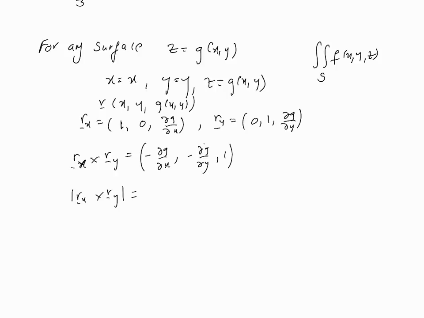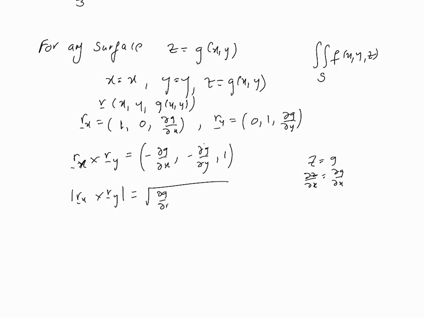and the absolute value of this cross product will in fact work out to be the square root of, now partial gx essentially means the z coordinate. Remember, z is g, so partial z by x is partial g by x. We can substitute that back in here if you like, or you can leave it as it is. Doesn't really matter.